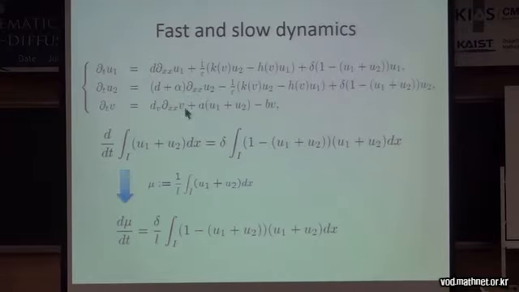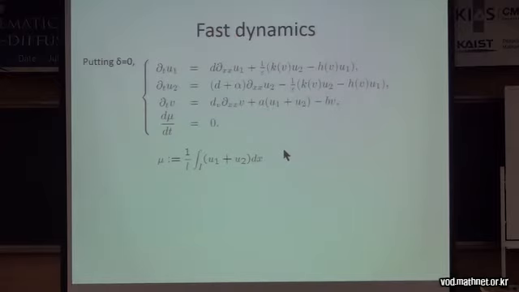Actually, taking integration of this, this part just disappears and only this part remains. If we define mu as the total mass of U1 plus U2, then the equation of total mass is formally given by this, by taking integration of these systems.